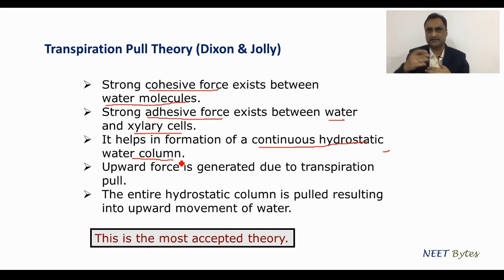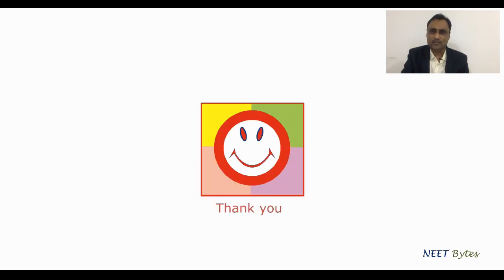So you can understand the difference. So even if an air bubble is there, the hydrostatic column is not going to be broken. Everything is pulled up along with the water molecules and the air bubble itself. Okay, so this stands as the most accepted theory, right? So that's all we have to discuss.